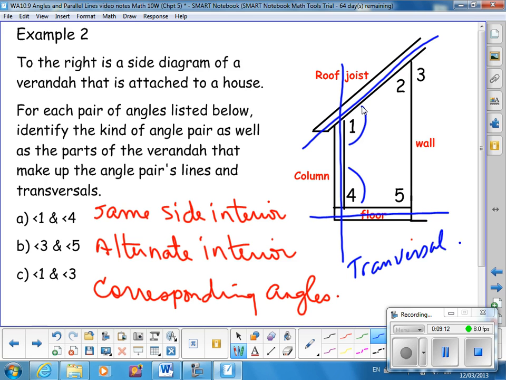We're going to erase that and try angle 3 and 5. 5 and 3, they are alternating, so alternate interior angles. So line, line, transversal.